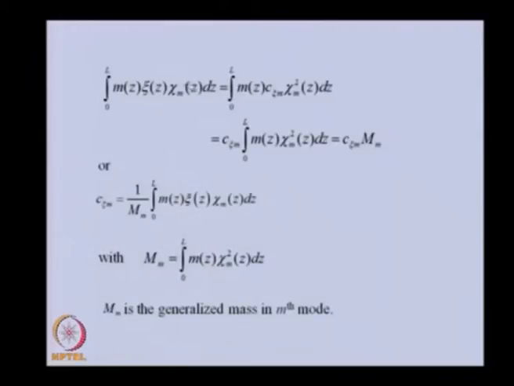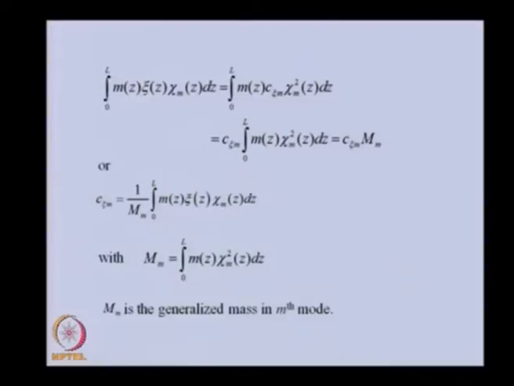So, this equation is as it is, but now you can see that for m equal to n, only that term is there, and the remaining terms are 0. Because this is constant, this will come out, and this quantity we defined as the modal or generalized mass. From this expression we can solve for the unknown constant like this.